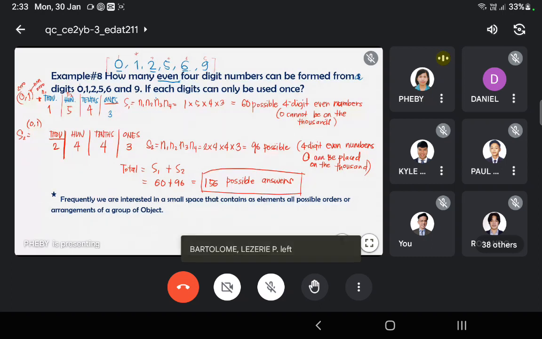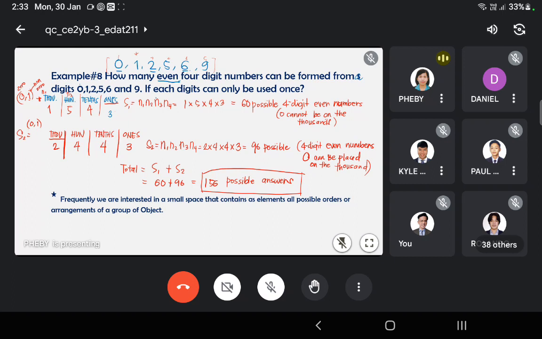Okay? So, mag-sample tayo next meeting more. And mapapadali naman yan as we go along with our topics. Mapapadali yan kapag permutation, no, madidevelop. So, frequently, we are interested in a small space that contains as elements all possible orders or arrangement of a group of objects.